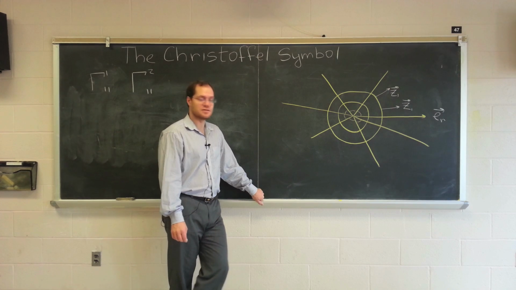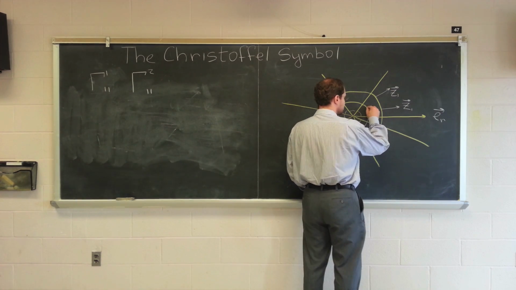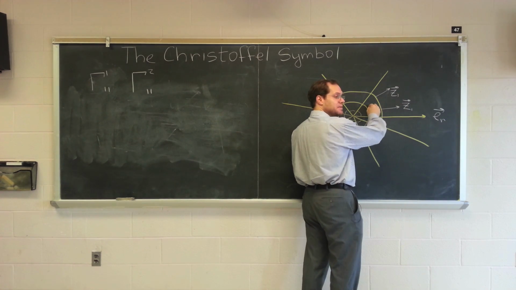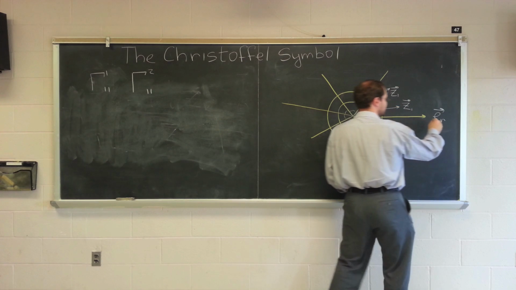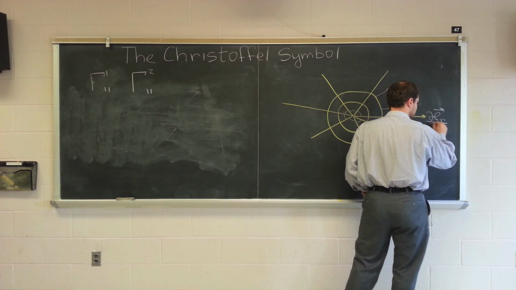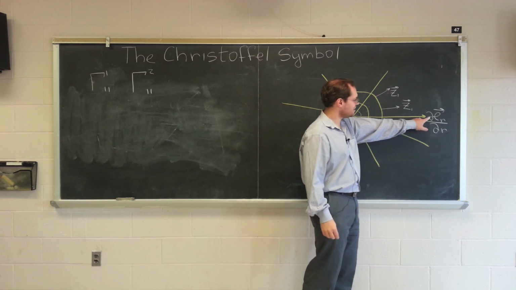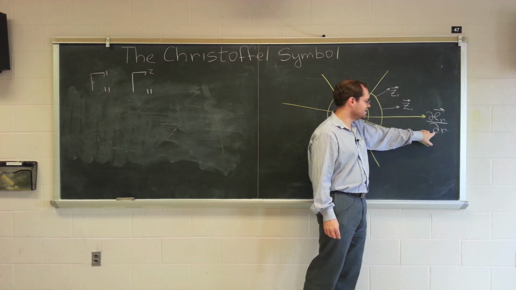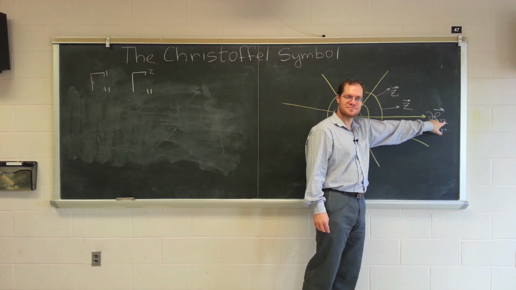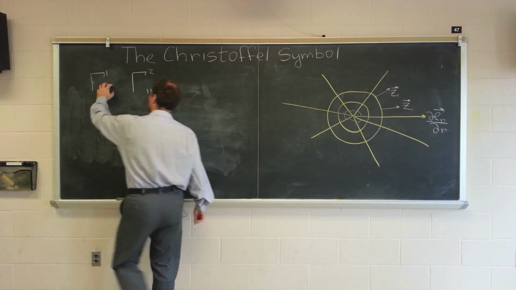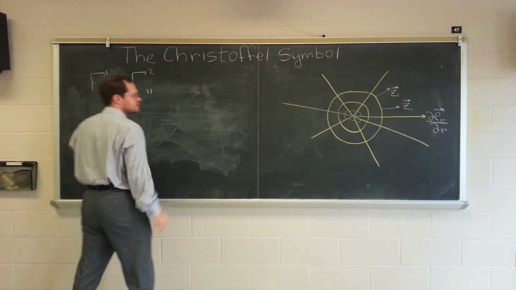And now the question is, if I go from a point and I change r a little bit, the vector we're evaluating now is dE_r/dr. That's dZ1, that's why it's gamma 1,1, and we want its two components.